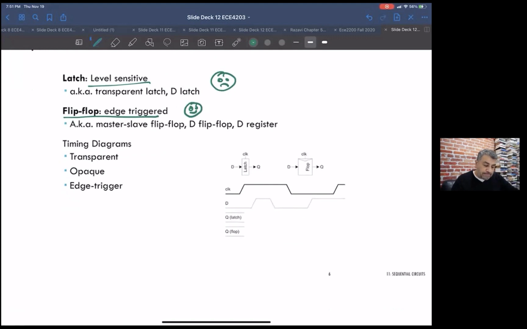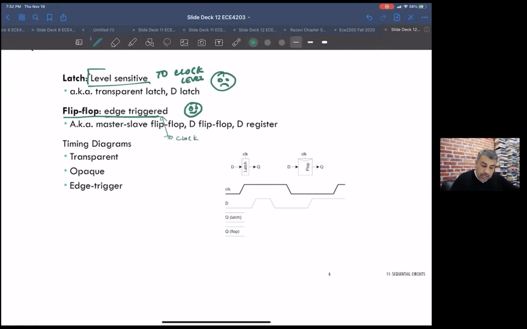So what's the difference? Well, a latch is level sensitive to the clock level, and a flip-flop is edge sensitive, again, to the clock.